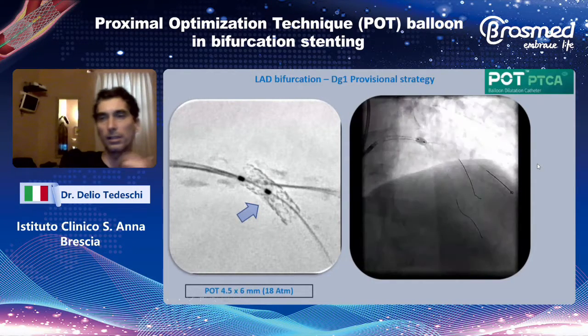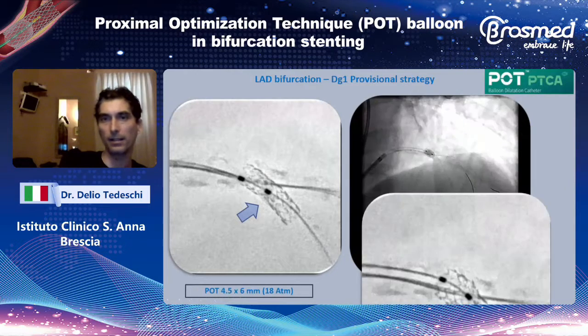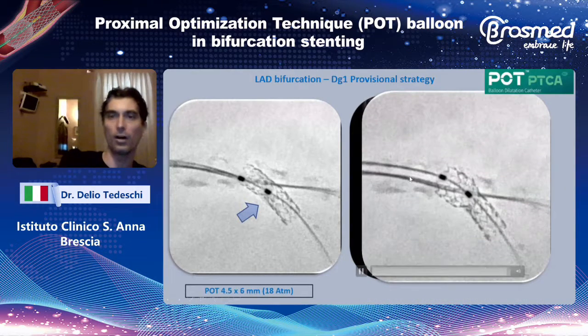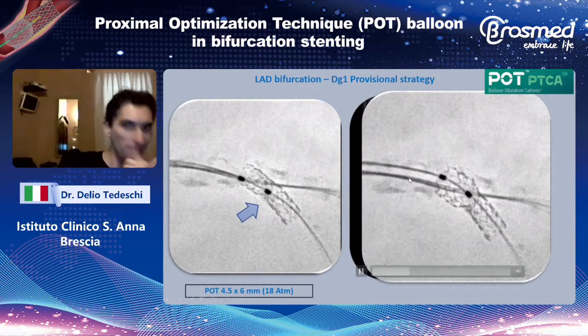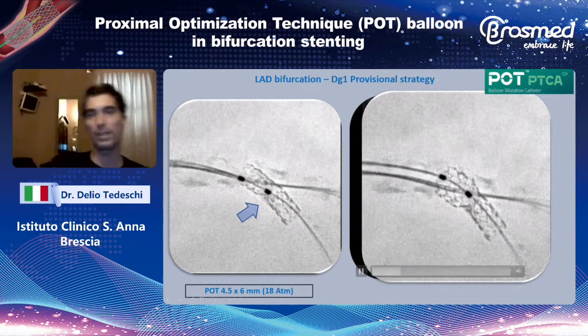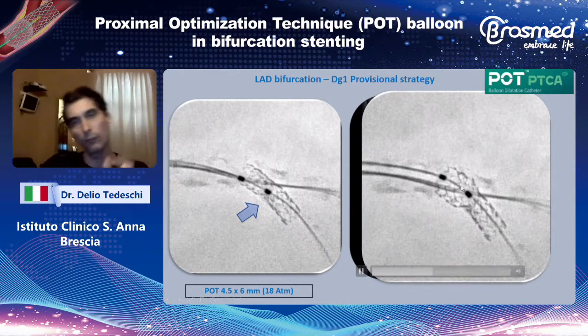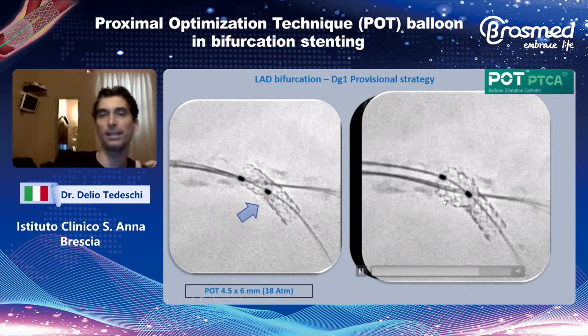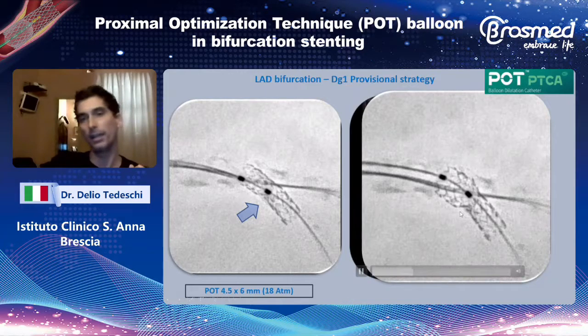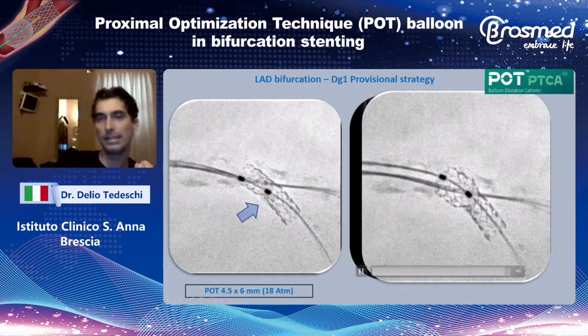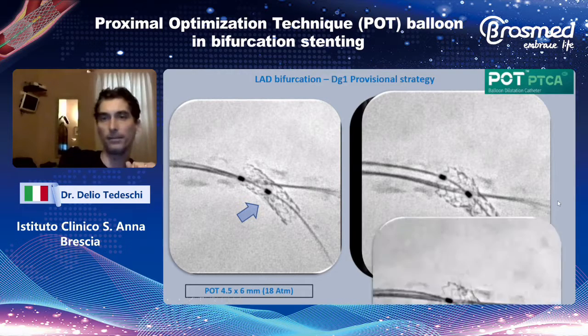And what is very interesting, I think, is the shape of the drug-eluting stent after the POT. We can see a clear mismatch of diameter and above all very, very precise mismatch of the drug-eluting stent in the portion overexpanded with the POT balloon and in the portion more distal where the diameter was 3.5 millimeters.